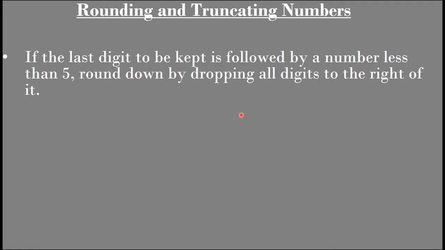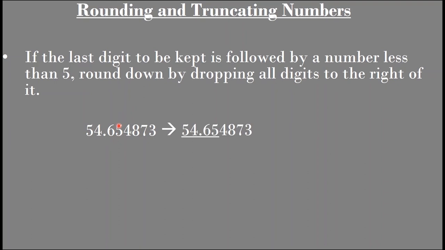For example, we have this number, 54.654873. If we have to round this number to four significant digits, those four significant digits will be up to this: one, two, three, four.